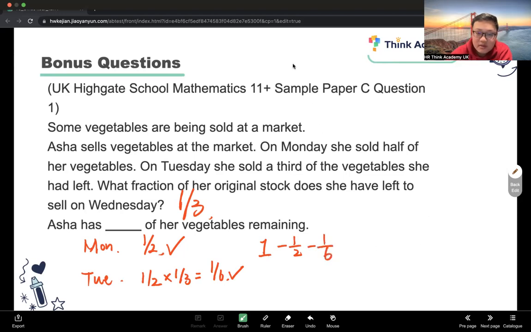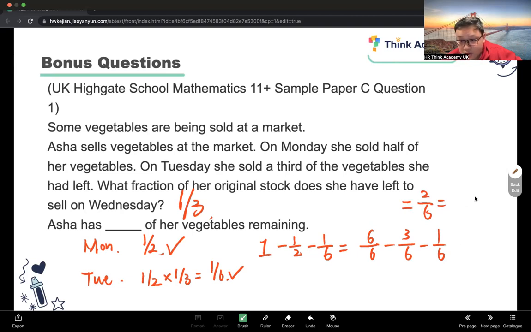Doing the calculation, 1 equals 6/6, and a half is 3/6, and then 1/6. So 6 take away 3 equals 3, take away 1 equals 2, 2/6, and that'll be 1/3.